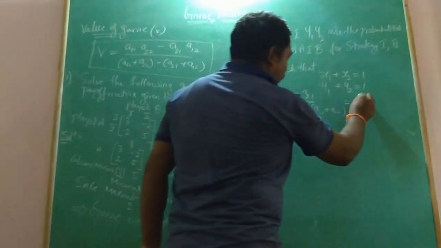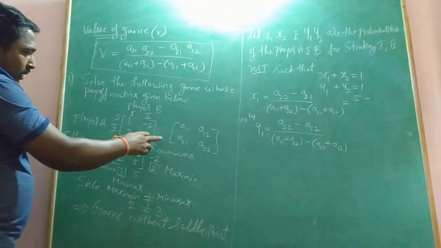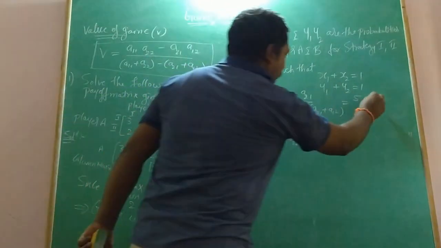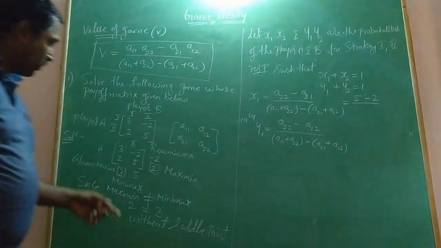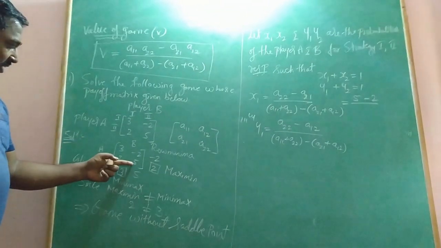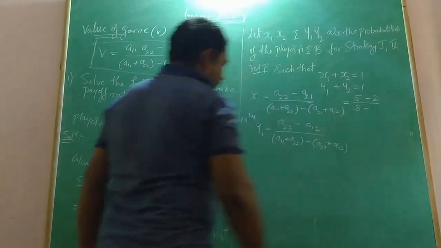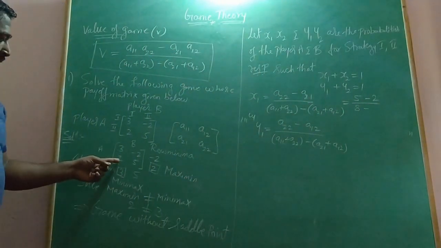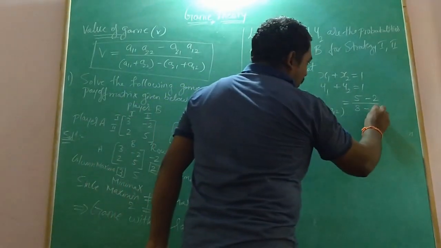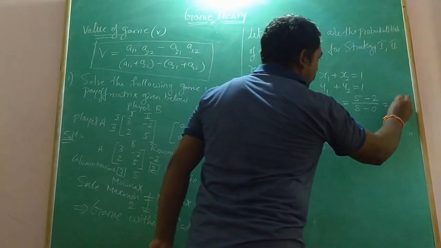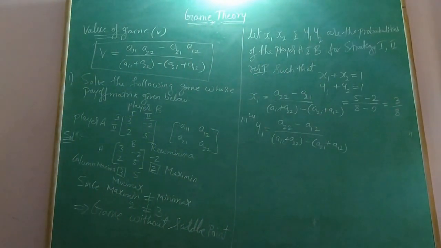Here you have to substitute 5 minus a21, and a21 is 2, so 5 minus 2, divided by a11 plus a22, that is 3 plus 5 is 8, minus a21 plus a12, 2 minus 2 is 0. Now we get 5 minus 2 is 3, so 3 by 8. That is the x1 value, we got 3 by 8.